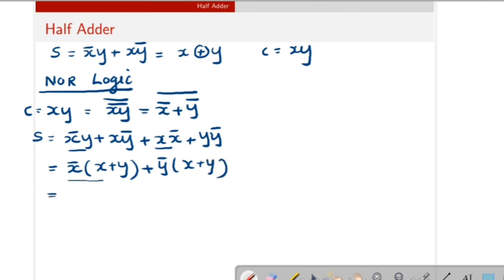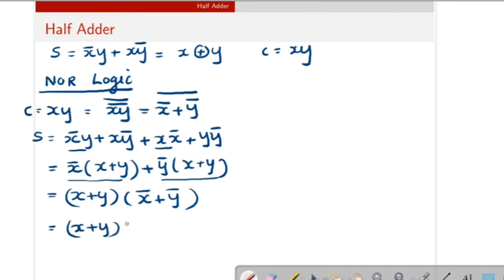Then apply distributive law for these two terms, that is x plus y into x bar plus y bar. So this can be written as x plus y into x bar plus y bar double bar.